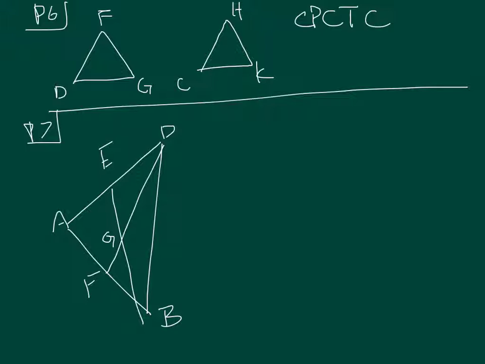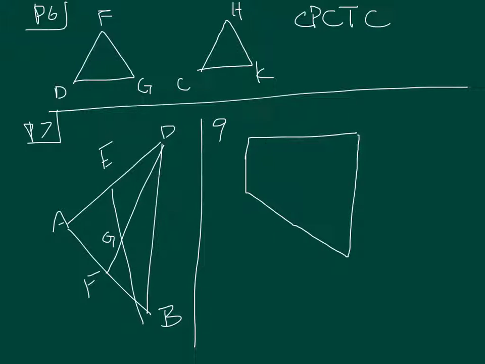Problem 9. The figure below contains 3 congruent triangles. So for number 9, we have A, B, D, E, C, something like this. A. Write the correct congruence statement for the three congruent triangles.